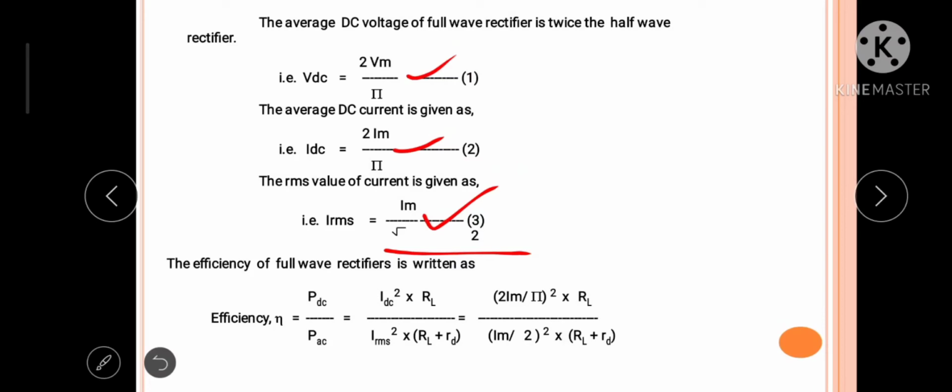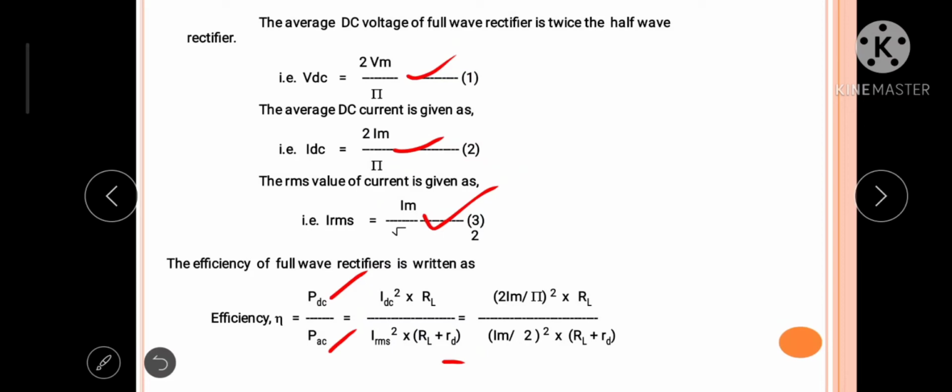Then the efficiency of full wave rectifier is written as efficiency eta equals PDC upon PAC. Here PDC is output power and PAC is input power. The equation for PDC can be written as IDC square into RL, and the equation for PAC can be written as IRMS square into RL plus RD. Here RD is diode resistance.